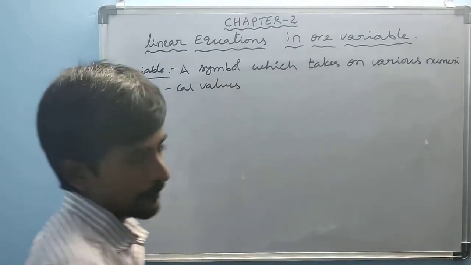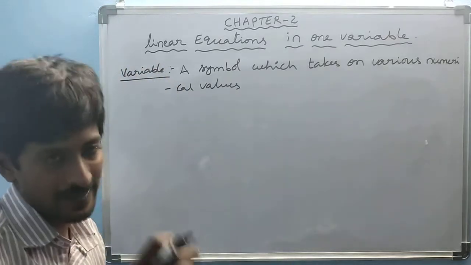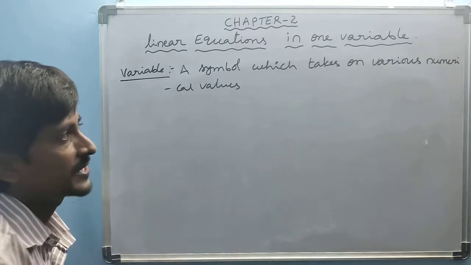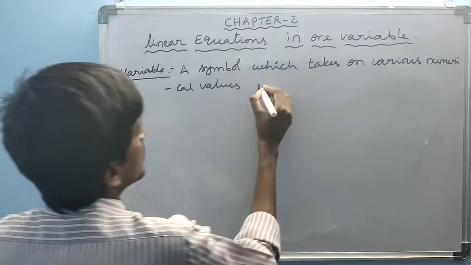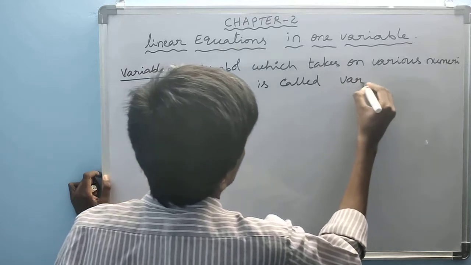We substitute some numbers in the place of some letters or symbols. That is called a variable. A symbol which takes on various numerical values is called a variable.